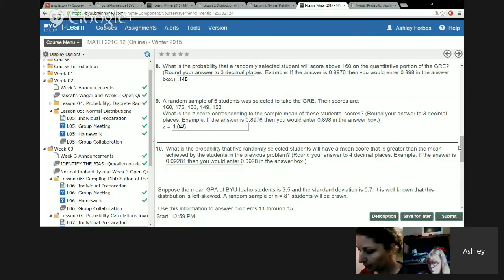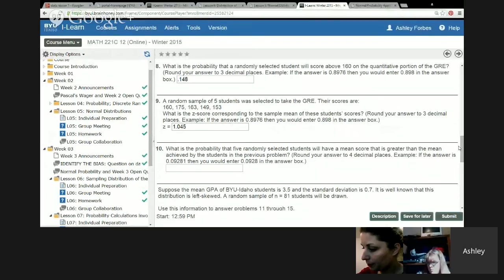So the square root of 5 is 2.236, and then we divide 8.8 by that. 3.935. Yeah, 35. That's what I got too. So we got 3.935 on the bottom.